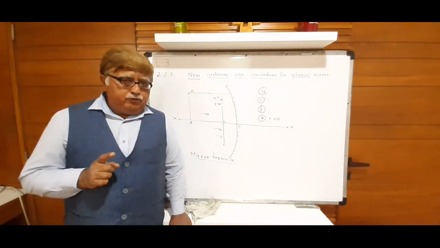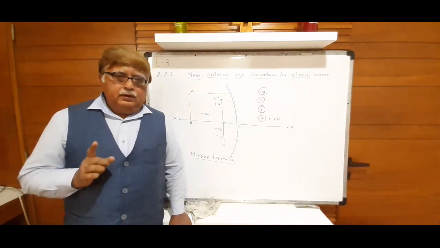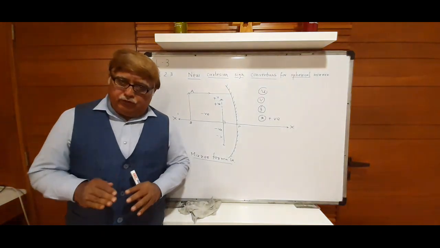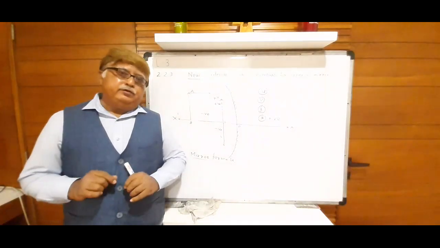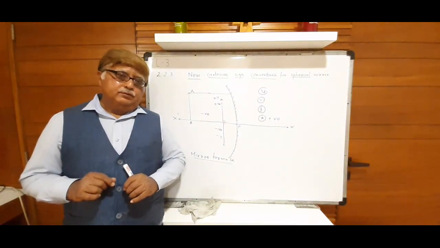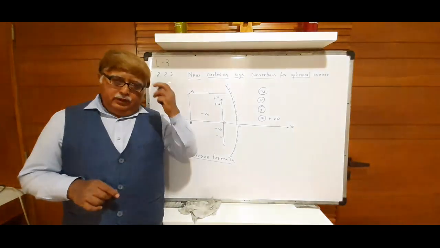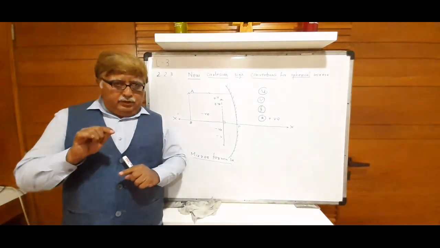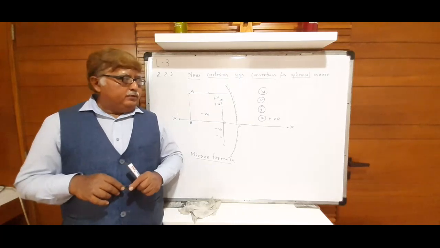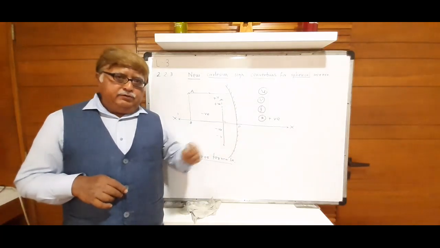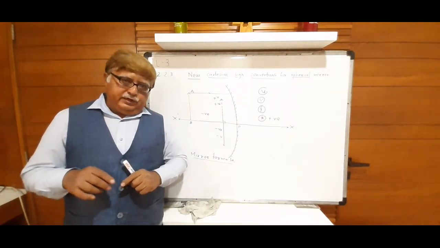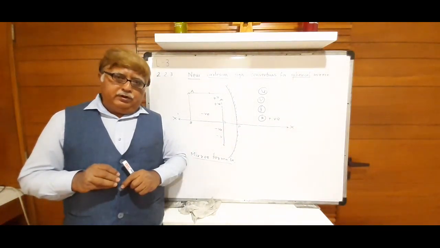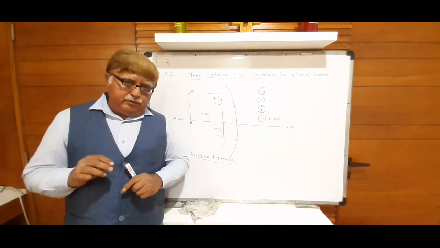Mirror formula is a formula which shows a relation between object distance (u), image distance (v), and focal length (f).